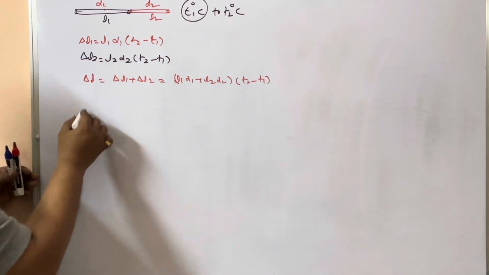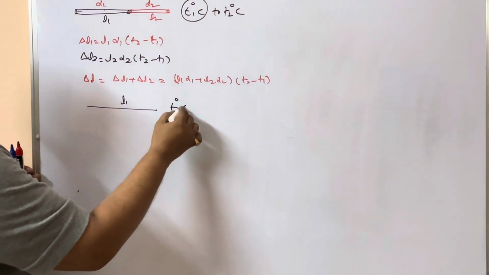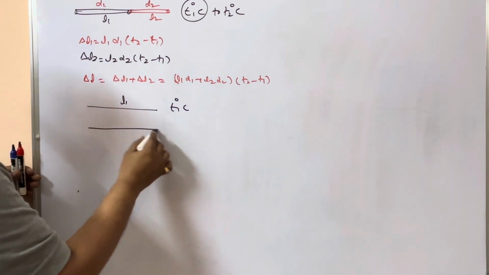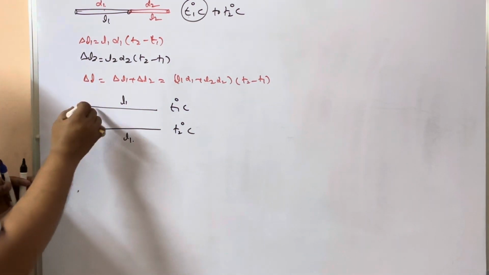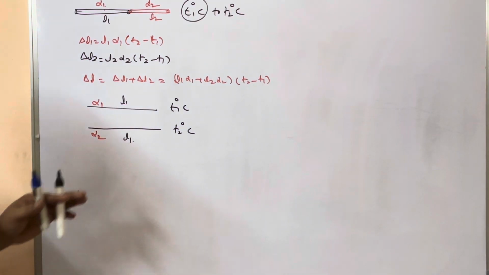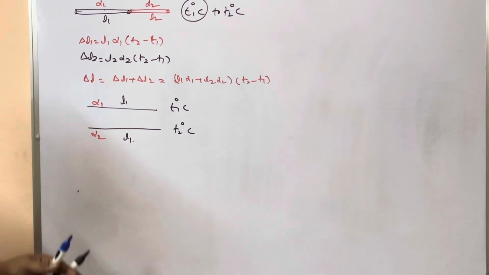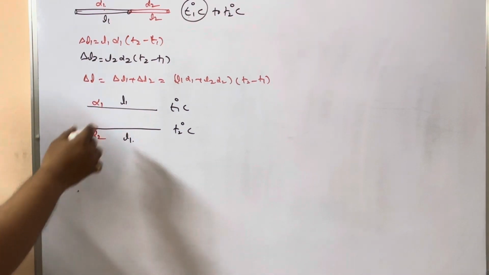Next, both are at different temperatures, T1 degrees Celsius, T2 degrees Celsius. Alpha 1, alpha 2. Two different materials at two different temperatures, but the same length. Length is going to be the same if you observe.